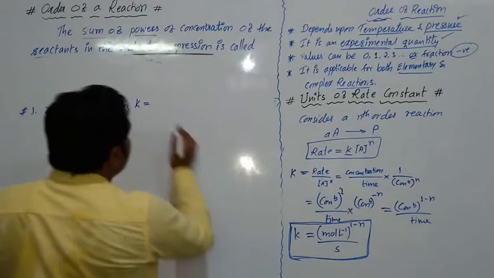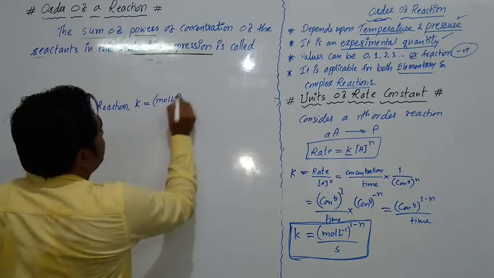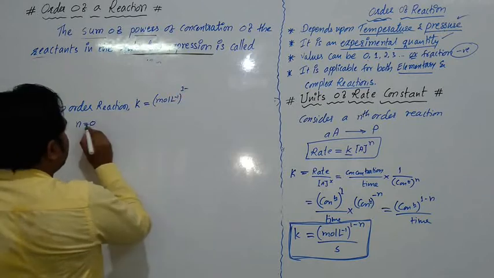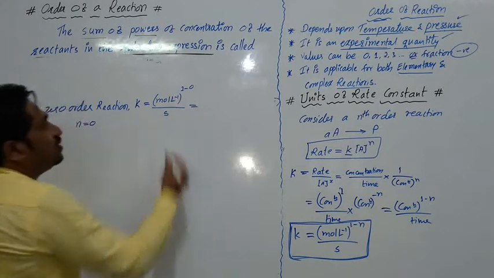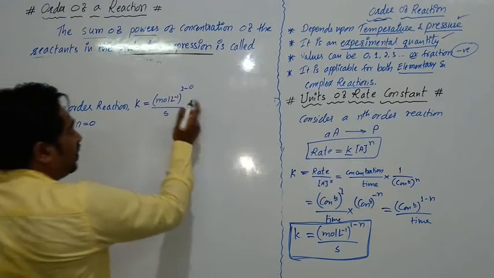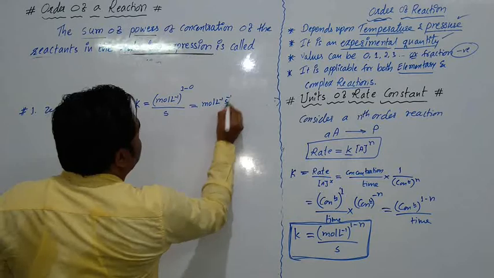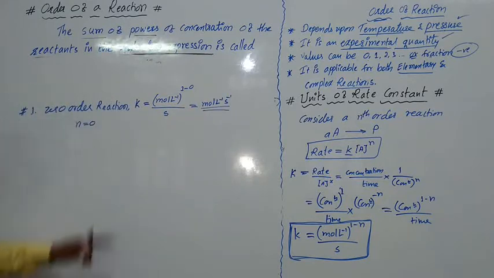K is equal to mole per liter raised to 1 minus n, and 1 minus n is 1 minus 0, divided by second. Here 1 minus 0 is nothing but 1. The unit will be mole per liter per second. If it comes to the numerator, it becomes per second. So this is the unit for a zero order reaction.